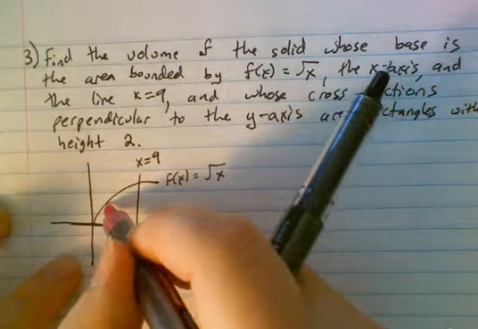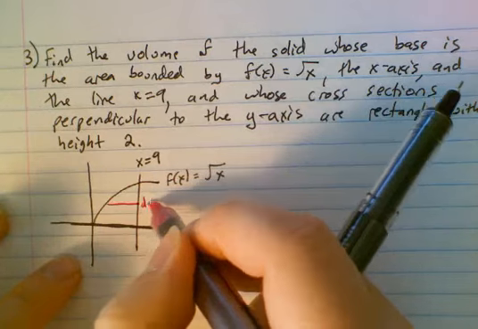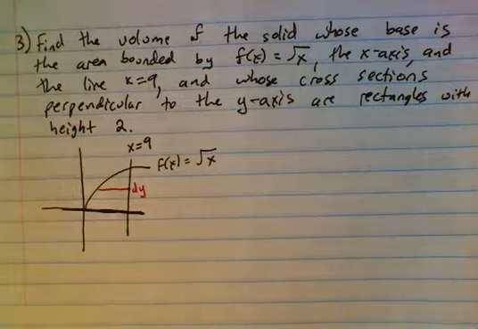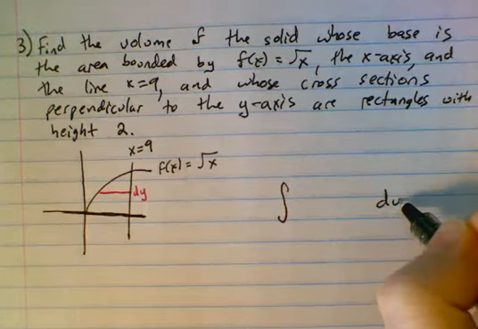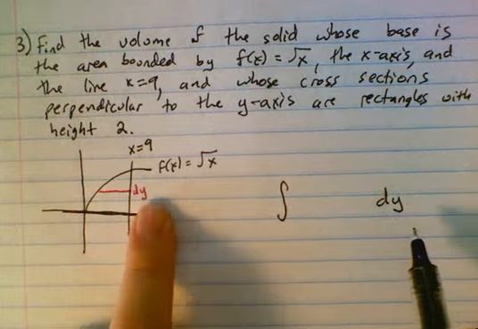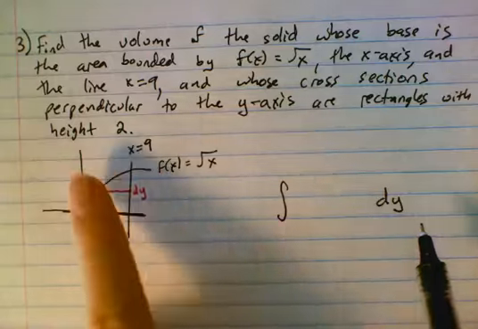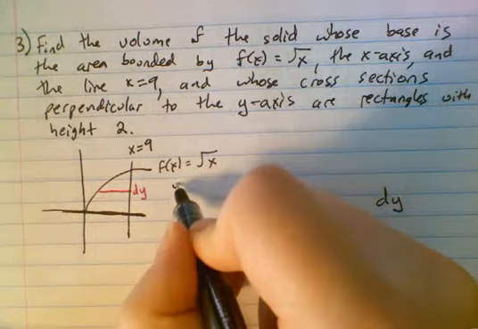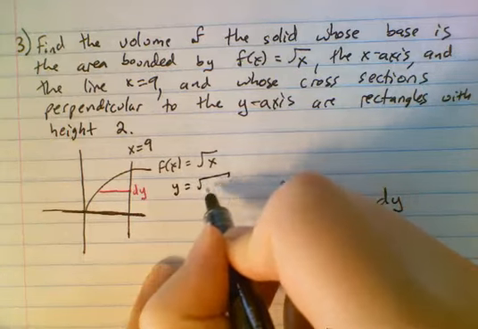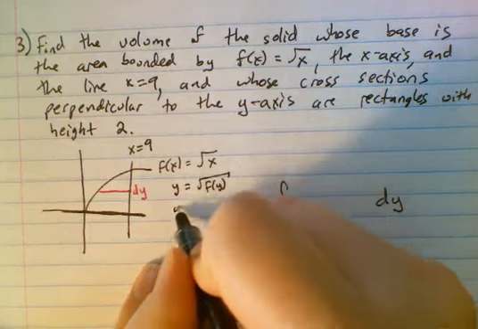So the y-axis is over here, so that means we're drawing it this way. This is dy, and when we set up our integral, it's going to be with respect to dy. Now as soon as I see this y, I know that all of these have to be in terms of y. So f of x, that's y equals square root of x, becomes a function of y.